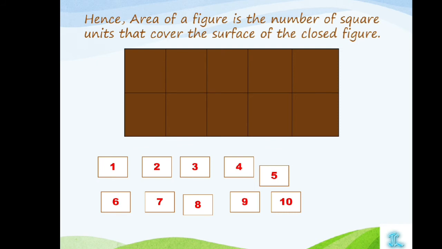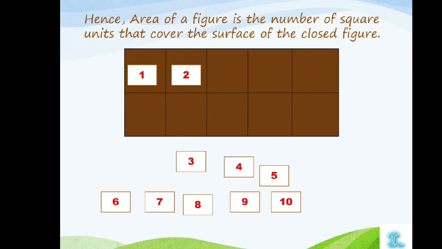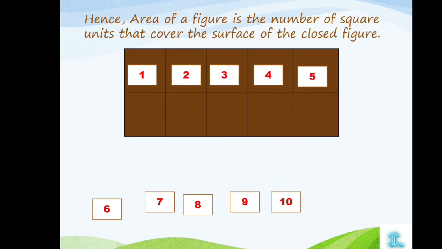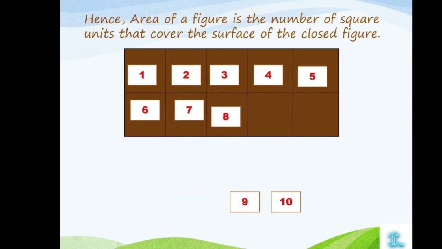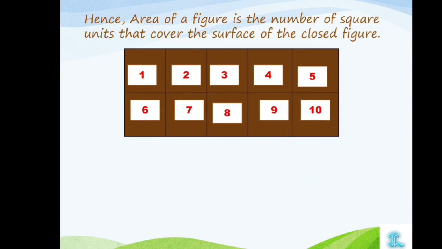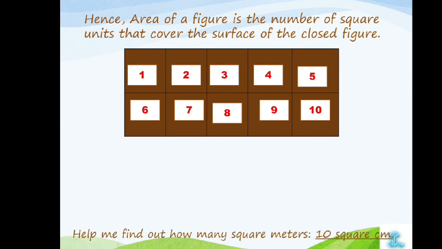Yes, all of you ready? 1, 2, 3, 4, 5, 6, 7, 8, 9 and 10. So how many did we get? We got 10 square centimeters. If each is 1 square centimeter, totally it is 10 square centimeters.